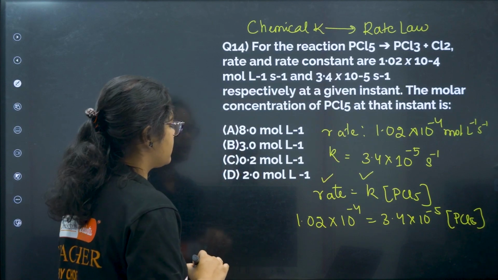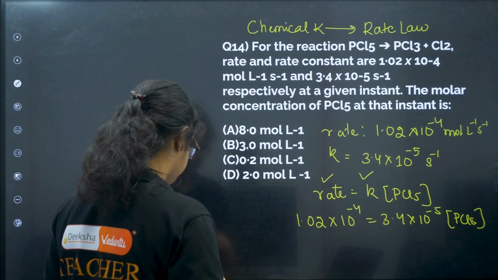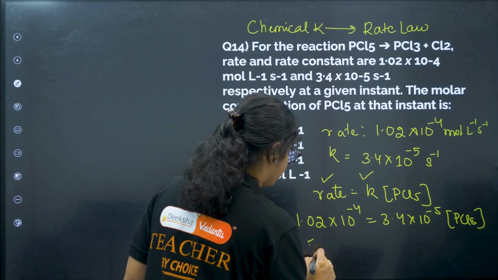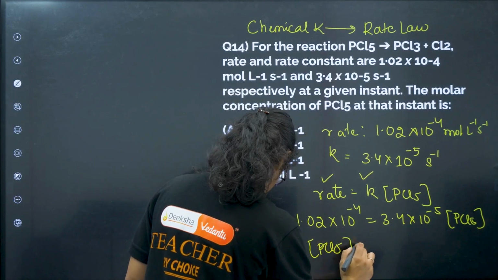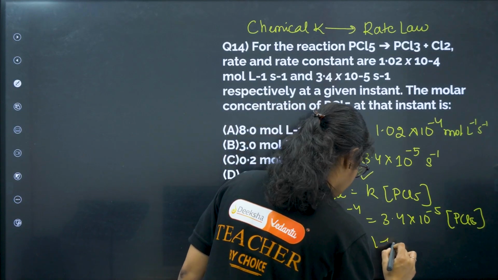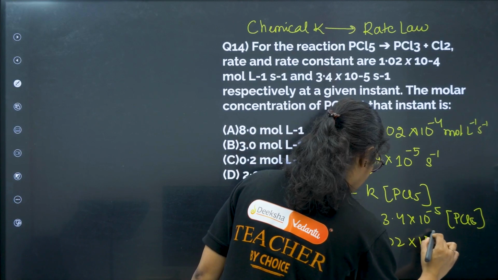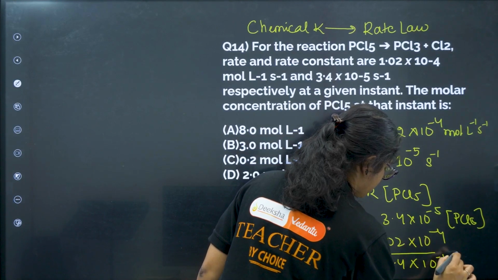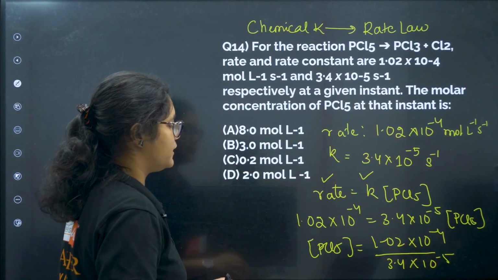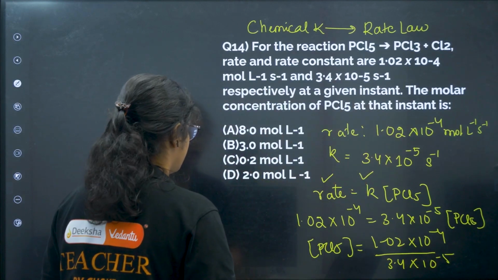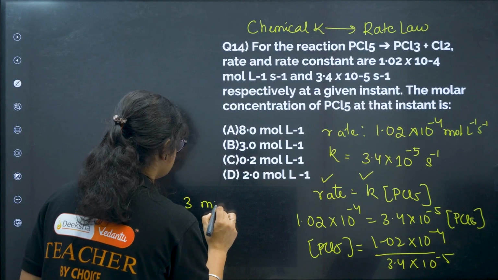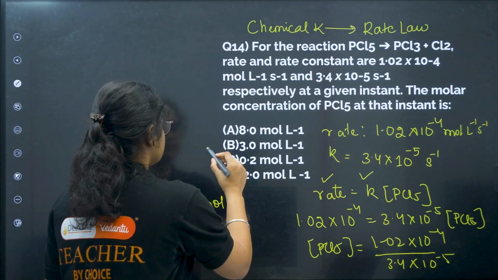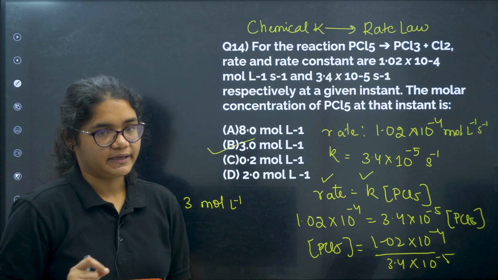So PCl5 will be equal to 1.02 into 10 to the power of minus 4 by 3.4 into 10 to the power of minus 5. Once we calculate, you will be getting 3 moles liter inverse. So the correct answer for this question is option number B.